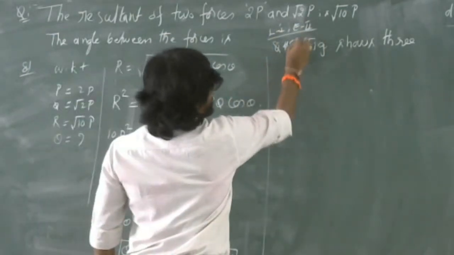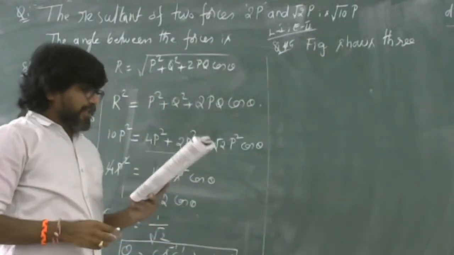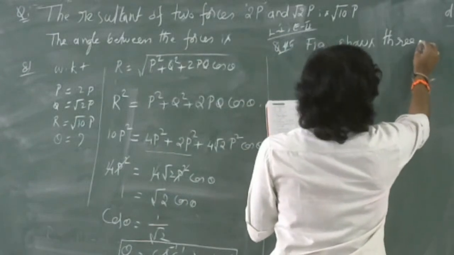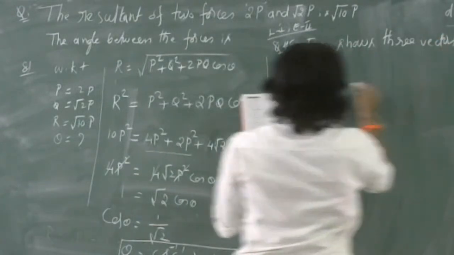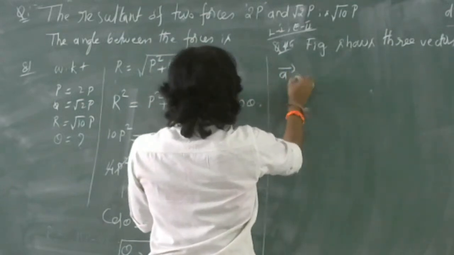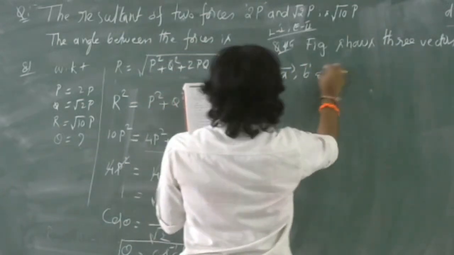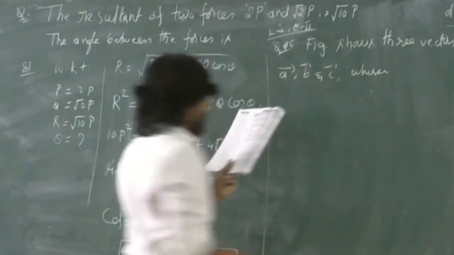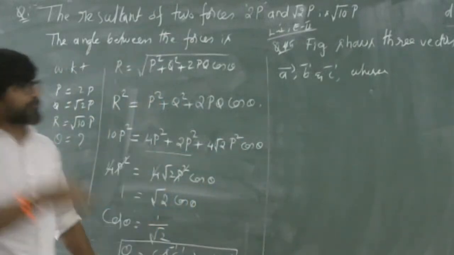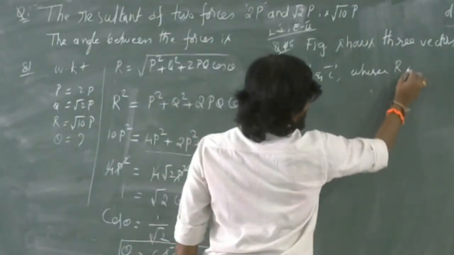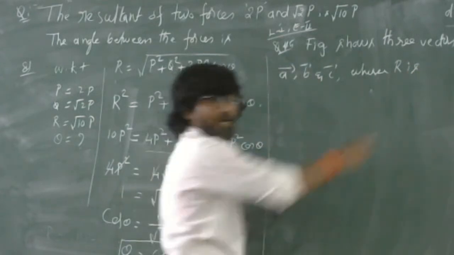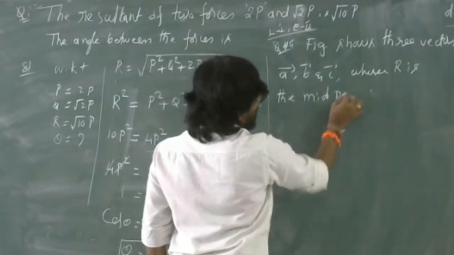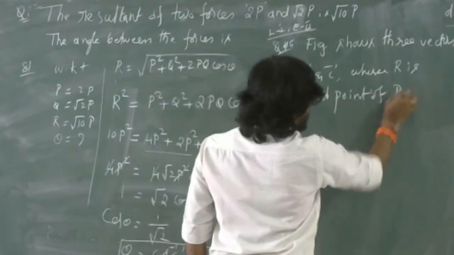Question number 5: Figure shows three vectors, A vector, B vector and C vector, where R is the midpoint of PQ.